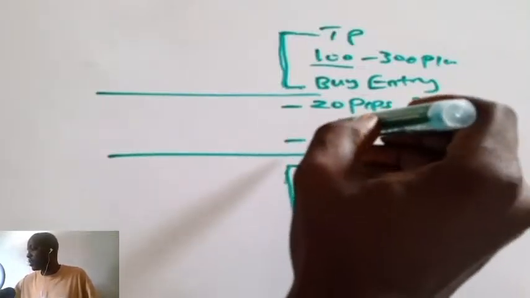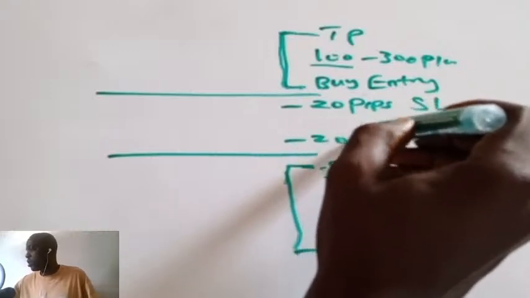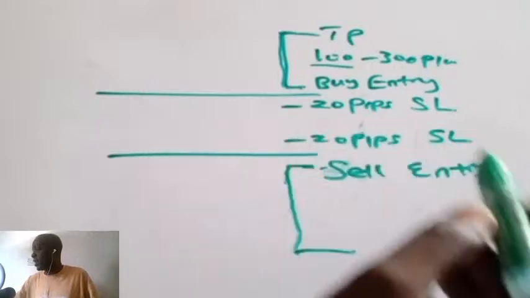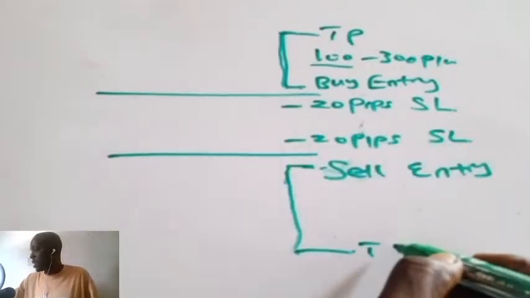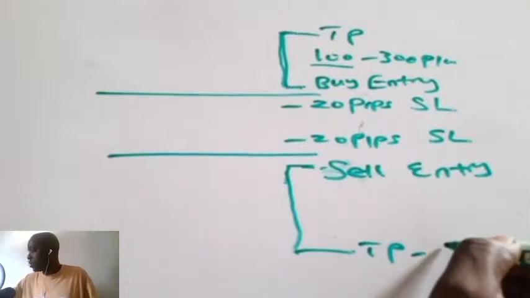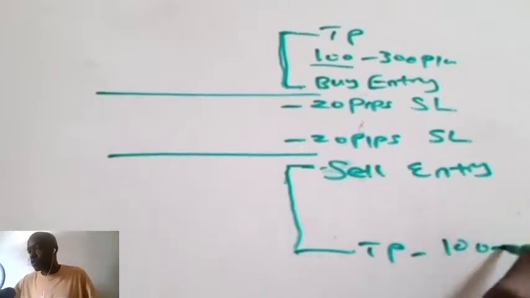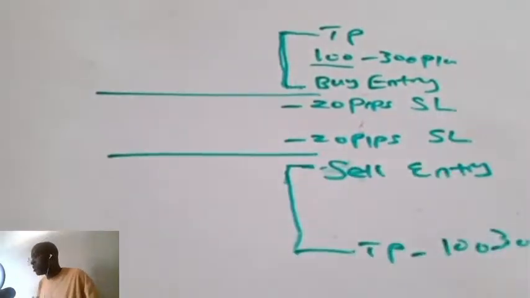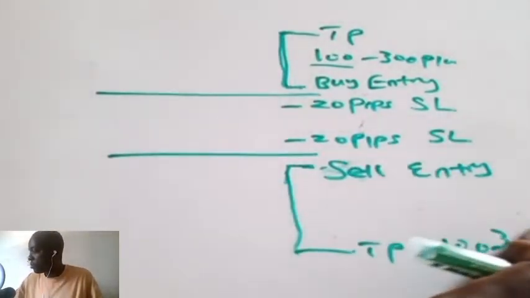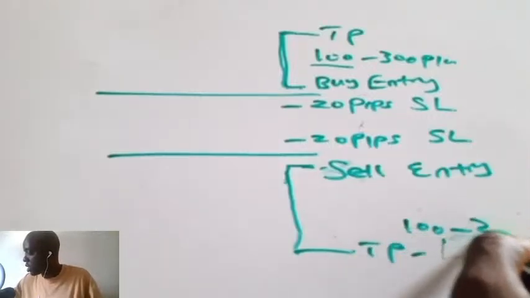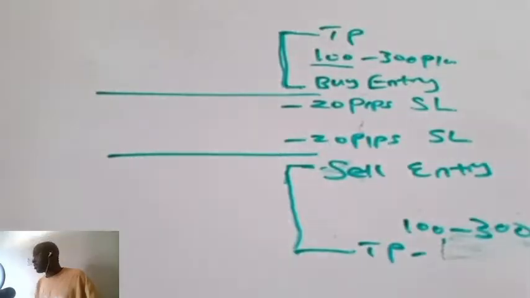Then our stop loss, 20 pips stop loss around here. Then our take profits now will be 100 to 300 pips.